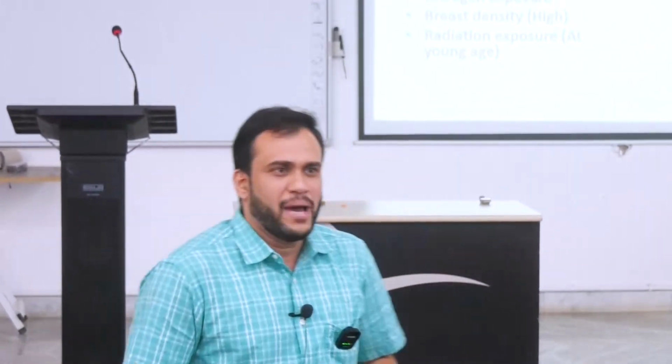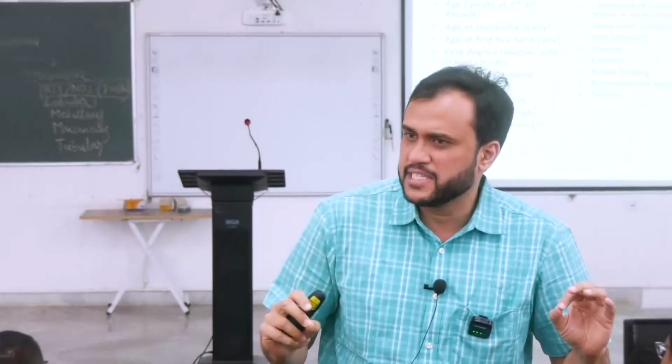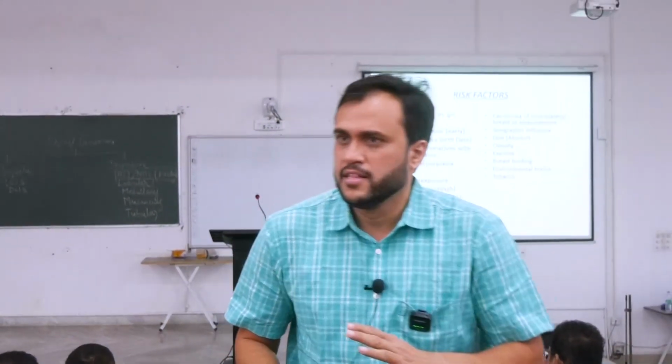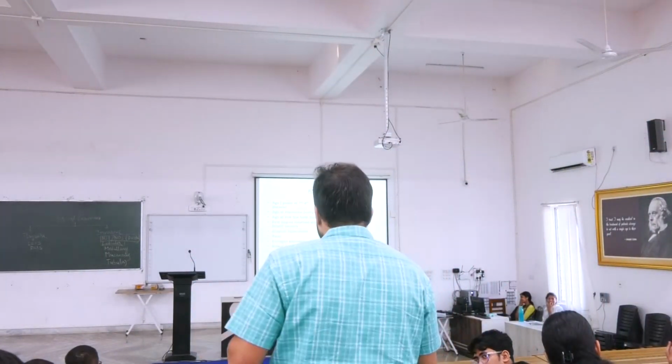So atypical hyperplasia is a predisposing factor for malignancy. In a biopsy, if we discover atypical hyperplasia, that is basically a warning signal. Take care or take interventions. Otherwise, this patient may progress into malignancy. Race.